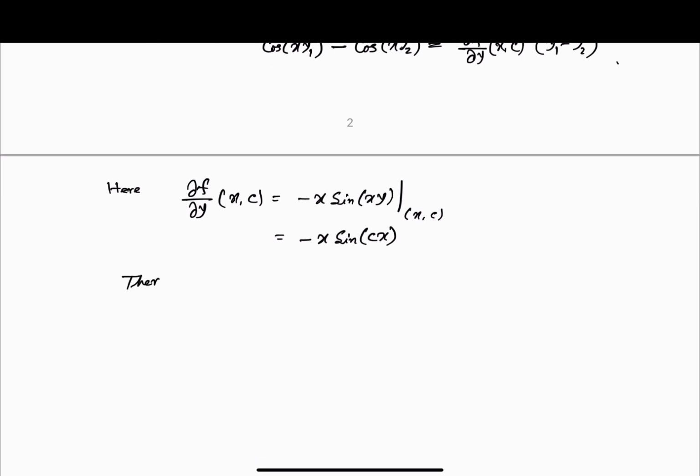Therefore, by taking the modulus, what you will get is cos of xy1 minus cos of xy2 is less than or equal to modulus of x sin cx into modulus of y1 minus y2.